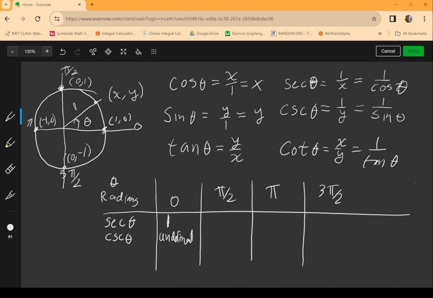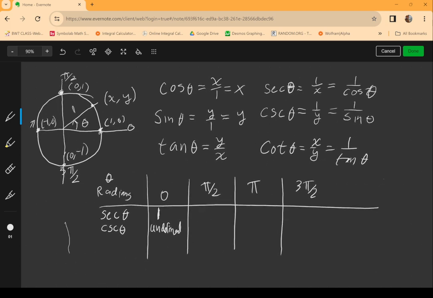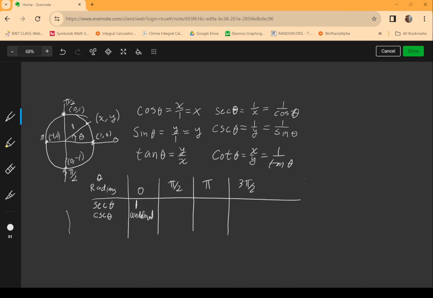Okay, and then working my way through, at least for 0 radians, whenever I have a y in the denominator, for our tangent of theta, it is y over x, so we get 0 over 1, and that's allowed. 0 divided by 1, we get back 0.